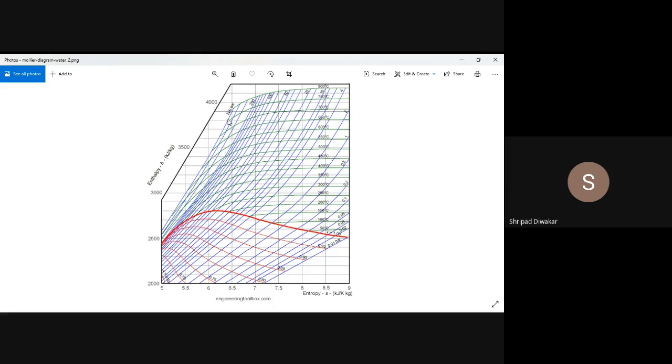Keep left here, and you will get around 3800 kilojoules per kg at 500 bar and 750 degrees Celsius. The steam is in superheated state.